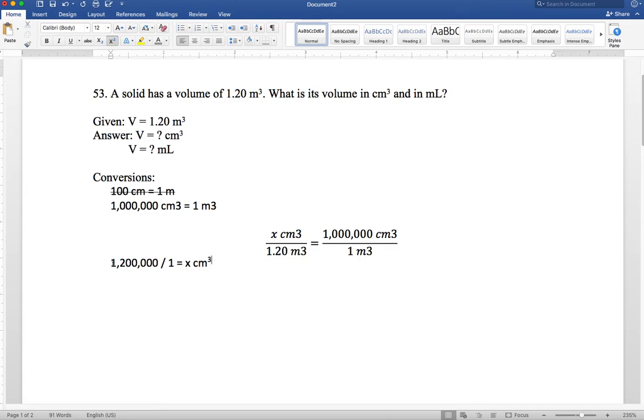And 1,200,000 divided by 1. Anytime you divide something by 1, you get the same number. So that means we have 1,200,000 cubic centimeters.